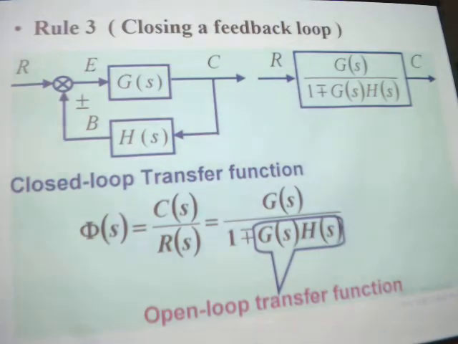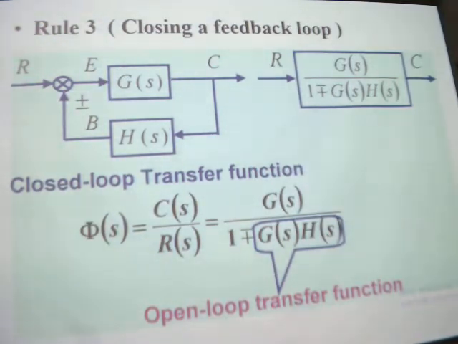Now C is equal to R G(s) plus or minus C H(s) G(s). Then move this part to this node.